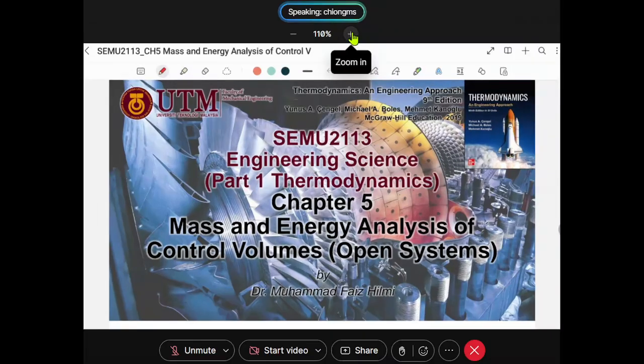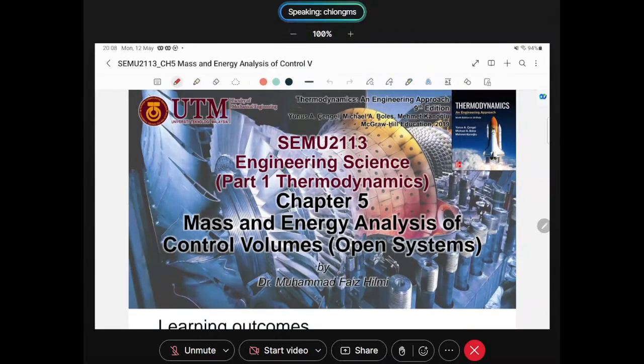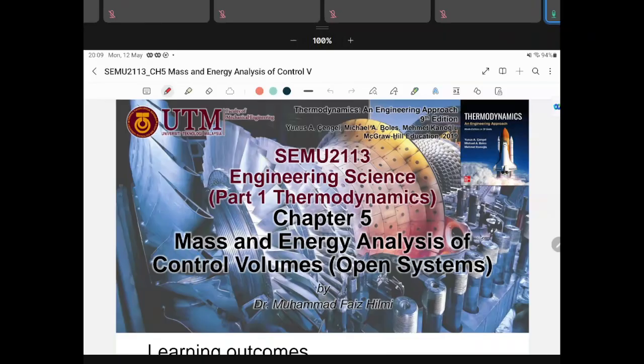Just to give you a heads up, one system will be in ideal gas, whereas the other one will be on non-ideal gas, which would be a pure substance. So 2 questions, 1.5 hours. After we finish chapter 5 today, as usual, we'll break into 2 halves.